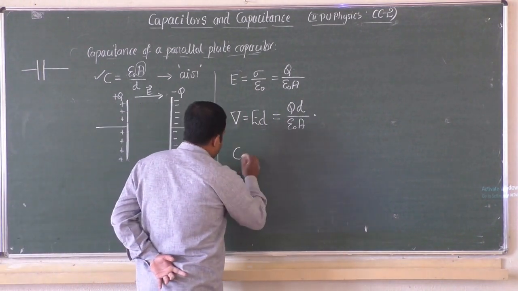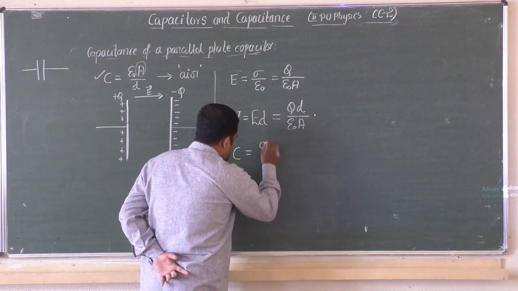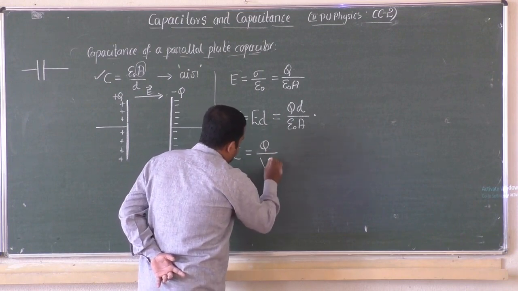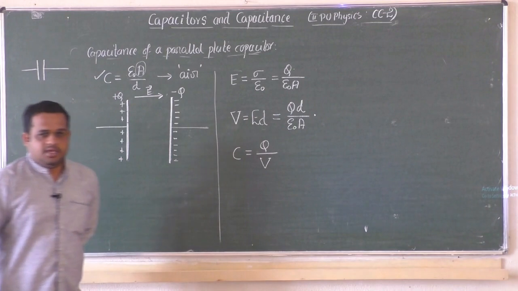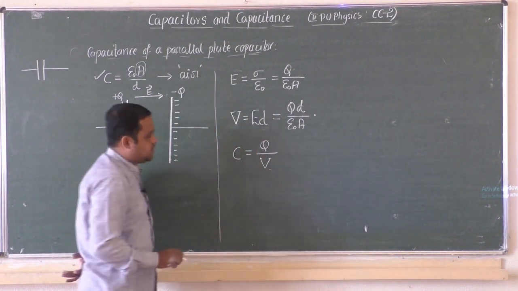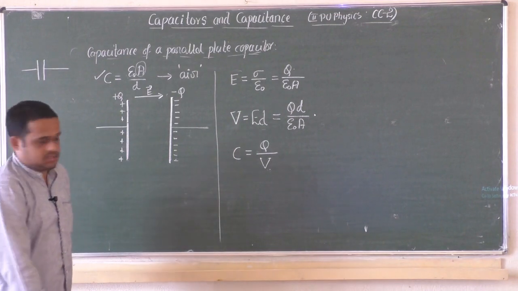The definition of capacitance is the ratio of the amount of charge stored in the system to the potential, Q divided by V. So we used this formula to calculate the capacitance of the capacitor.